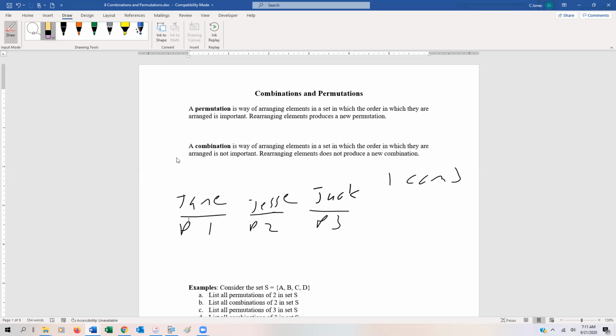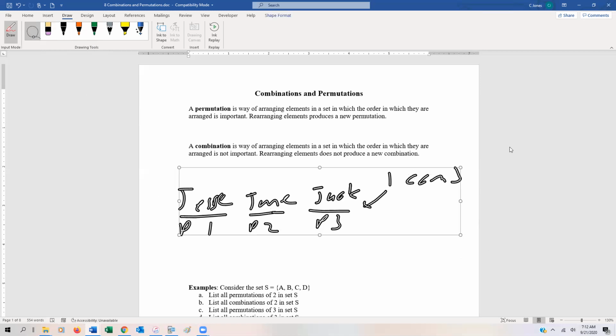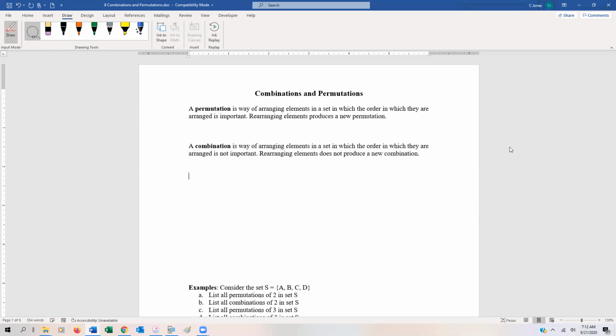And if we flip around Jane and Jesse, and again, these positions hold no order, so now maybe Jesse is in lane one or person one, and then Jane, it's still the same combination no matter what. So combination basically means that no matter how we flip around the elements, as long as we select those three elements, we're still going to have the same elements, because the positions don't hold any significance.